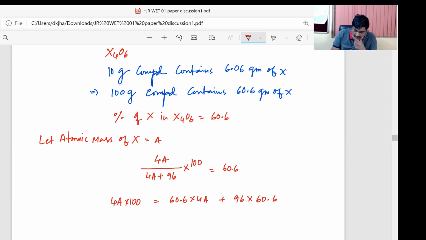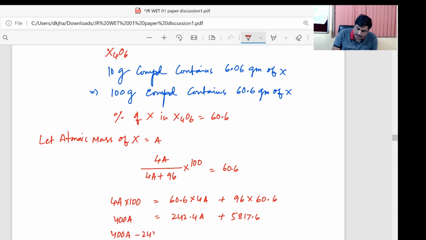Just we need some calculation. 60.6 into 4 is 242.4A. 4A into 100 is 400A. And 96 into 60.6 is 5817.6.